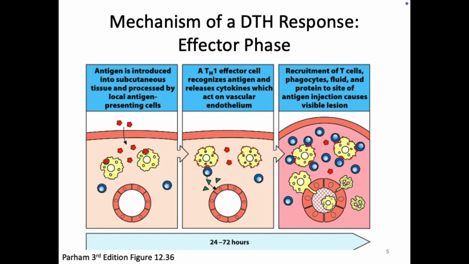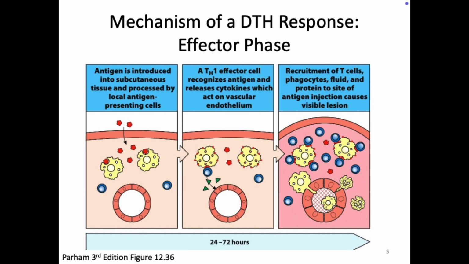Most likely, we may have to have some trafficking to the lymph node. We're going to have some T cells proliferating. See how originally there were a couple and now there's a lot more than a couple? All of those things are taking that time up to the 72 hours. Now we can actually start getting inflammation and changes in that location.